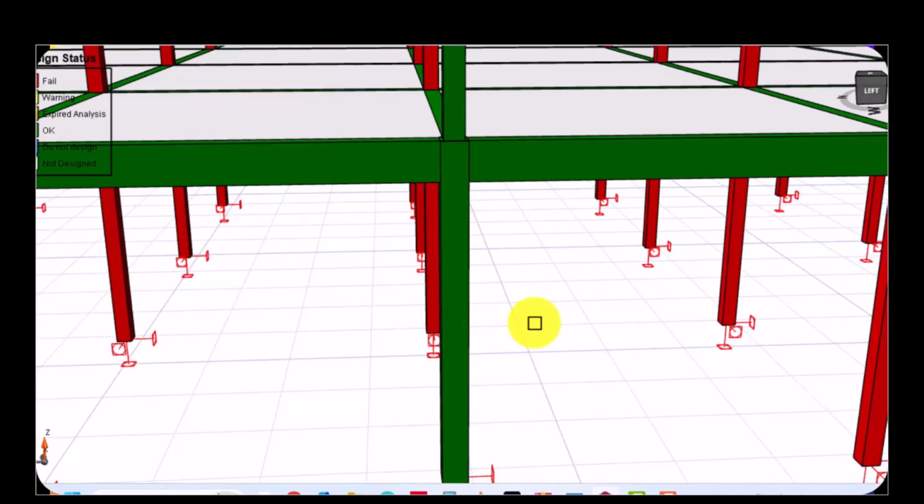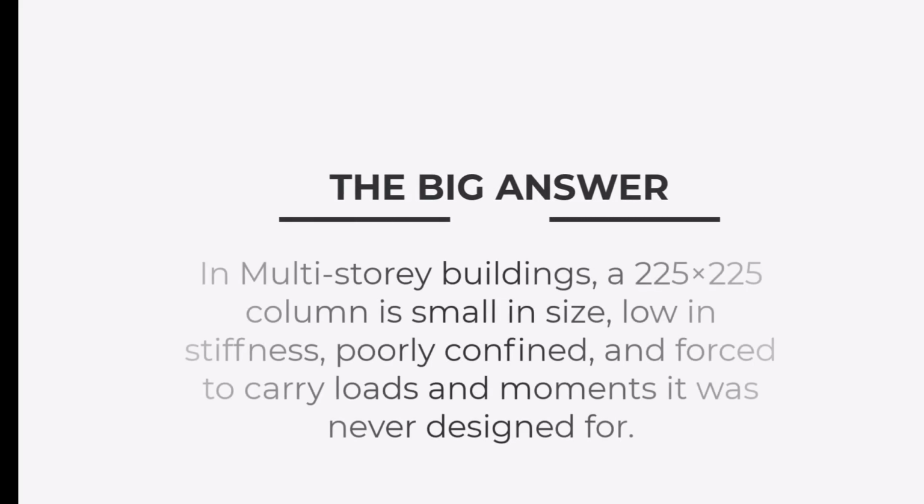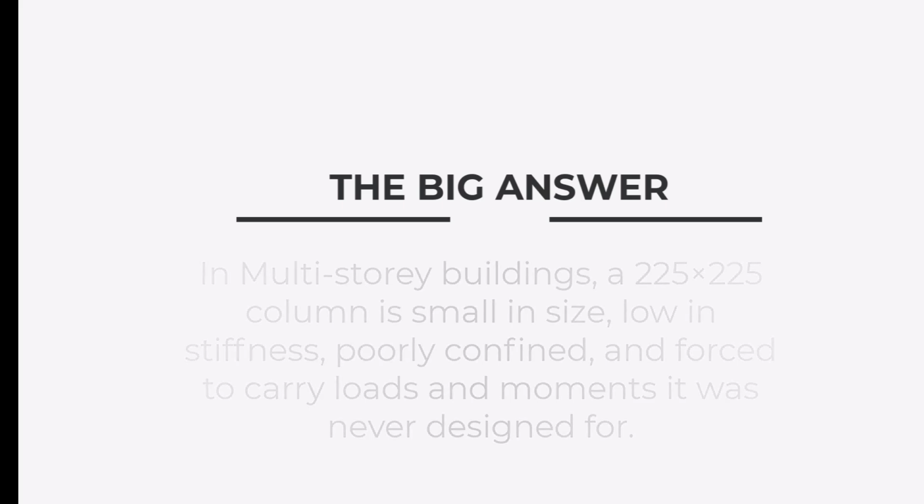You are adding 2 more to make it 4 stories. There's surely going to be failure, because that cross-sectional area was not designed to carry that load. So all these criteria need to be put into consideration to avoid column failures in construction. Well, there you have it.